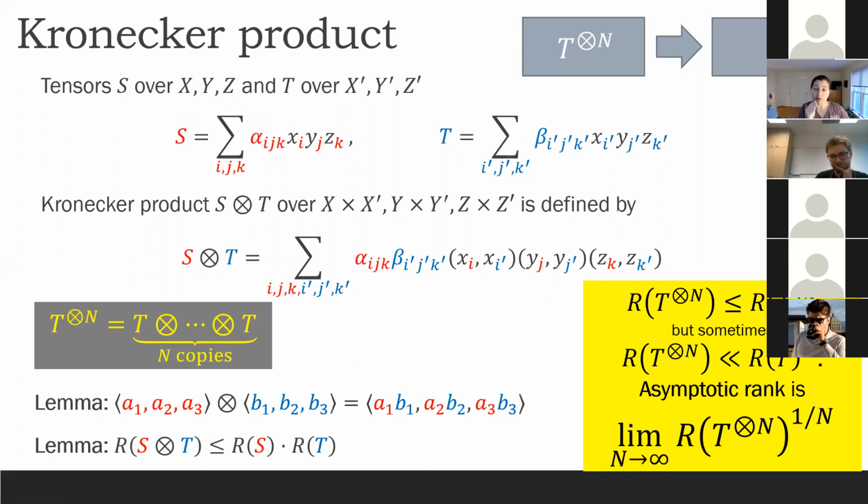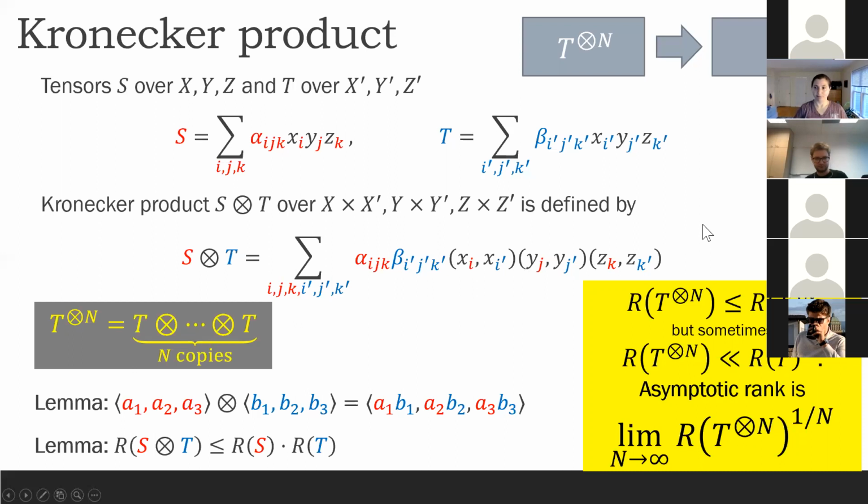We know that for 2 by 2 matrix multiplication, the rank for that tensor is 7. But the asymptotic rank of matrix multiplication, of 2 by 2, is much less than log base 2 of 7, it is 2.373, right? So you can get much smaller bounds. So because of this, when we work with matrix multiplication algorithms, we actually want a bound on asymptotic rank, because then we would get better bounds on omega.